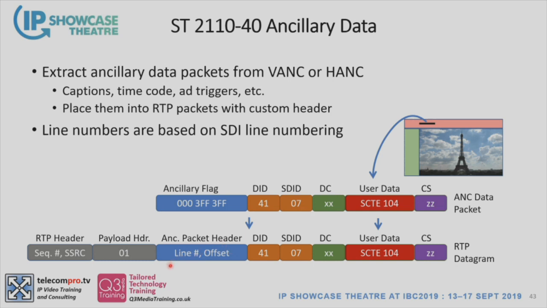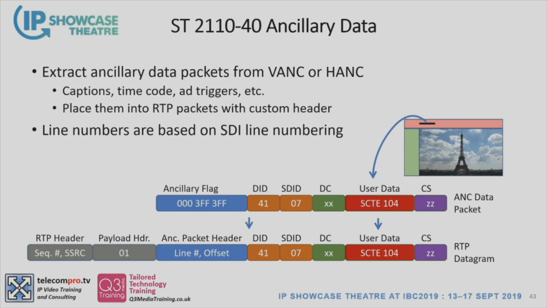So this information here in this blue rectangle tells you exactly where this ancillary packet would appear inside the SDI raster. So it tells you the line number, and it tells you the offset. So you see a pattern going here. We're always going to be talking about line numbers and offset.